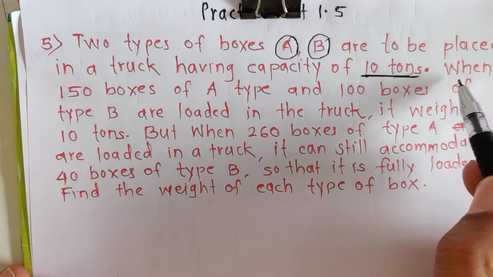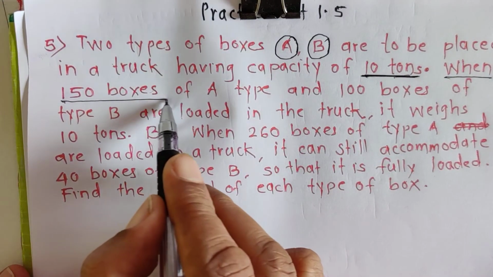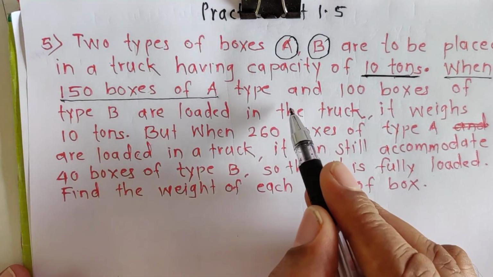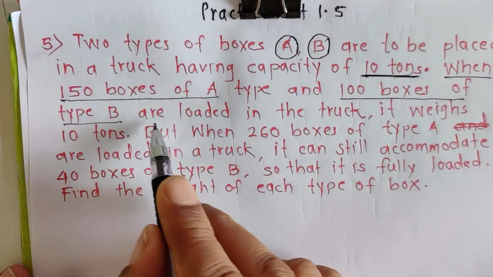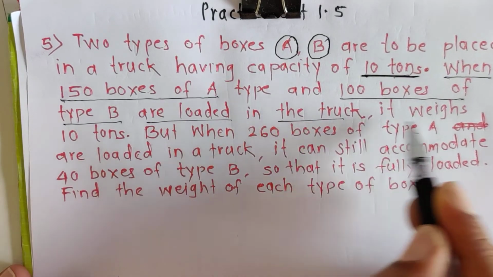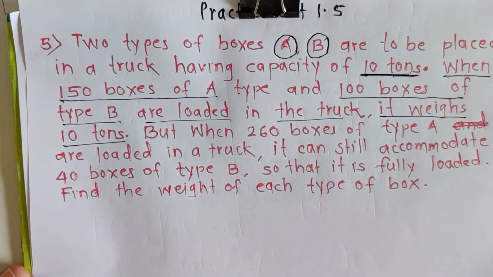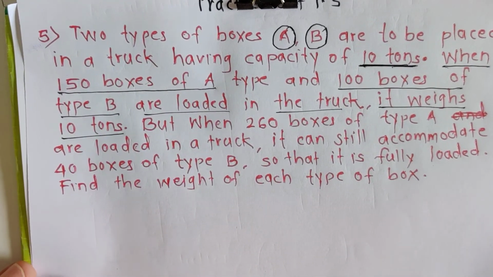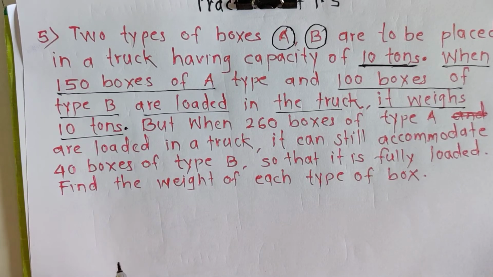So this is the first condition: when 150 boxes of type A and 100 boxes of type B are loaded in the truck, the total weight is 10 tons. So this is the first condition. We have to find the weight of each box, type A box and type B box.